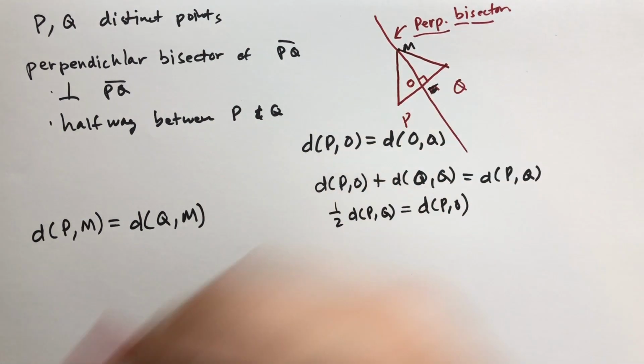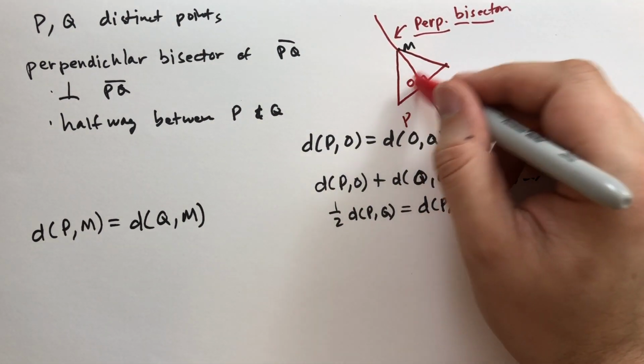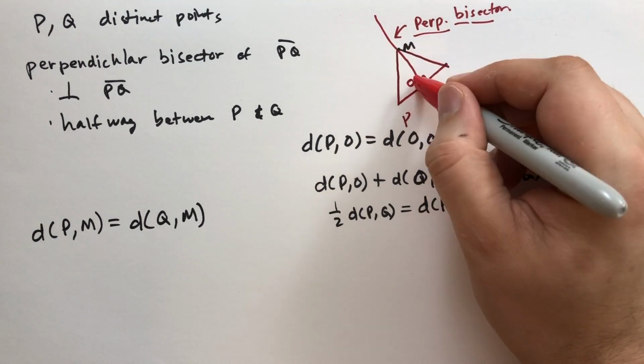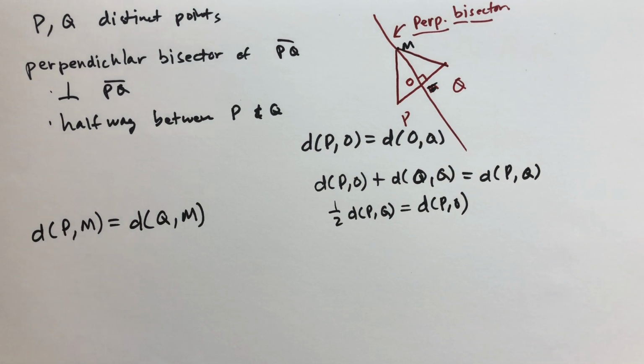Because it's perpendicular, these are 2 right triangles. The lengths here are the same. This is the same segment. And so these 2 lengths must also be the same.